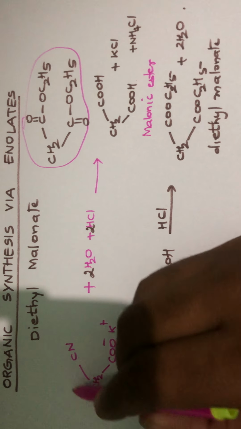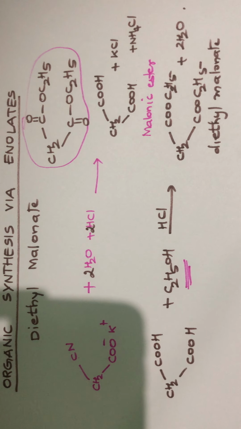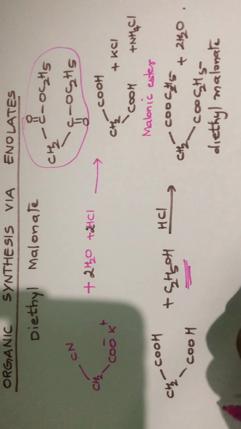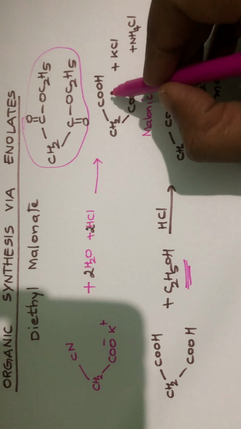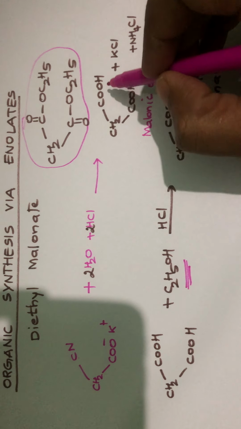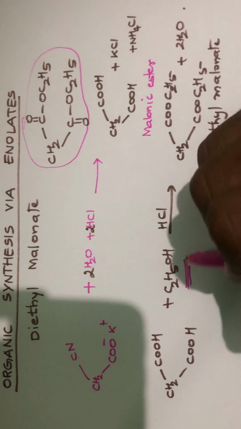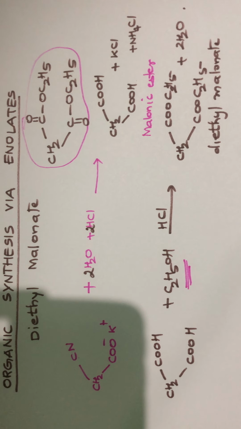So when potassium cyanoacetate is boiled with alcohol and HCl, it gives diethyl malonate. The first step is just the hydrolysis of cyanide to acid, and the second step is esterification. So we get the required product, diethyl malonate. This is the simple preparation.